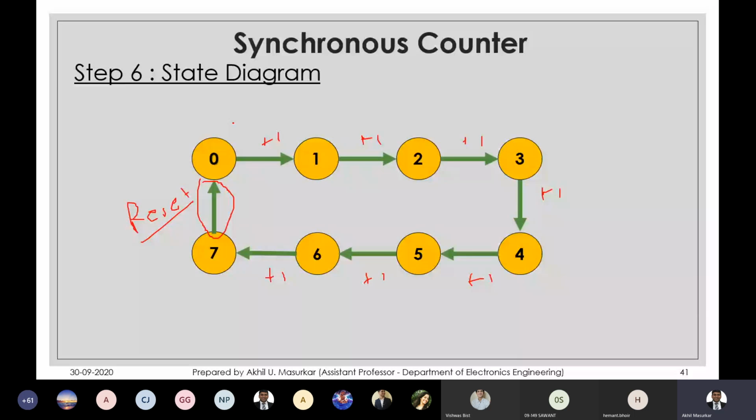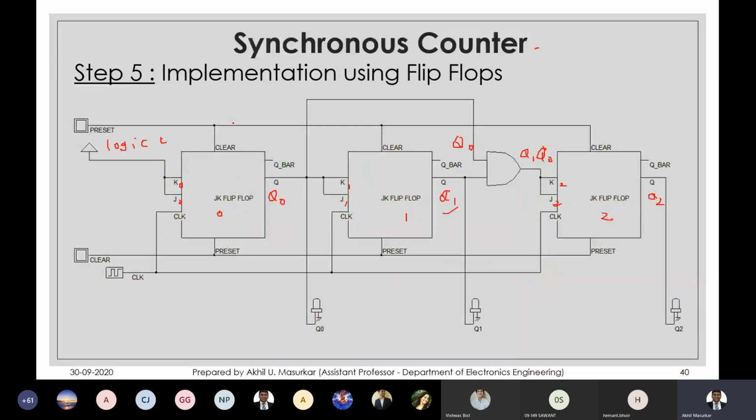So I'm going back to the diagram. Please copy this diagram. Yes, any doubts in this? Please ask.